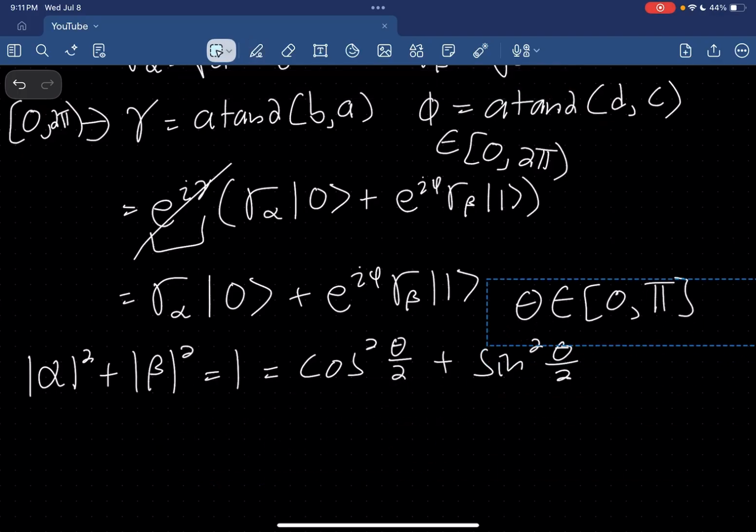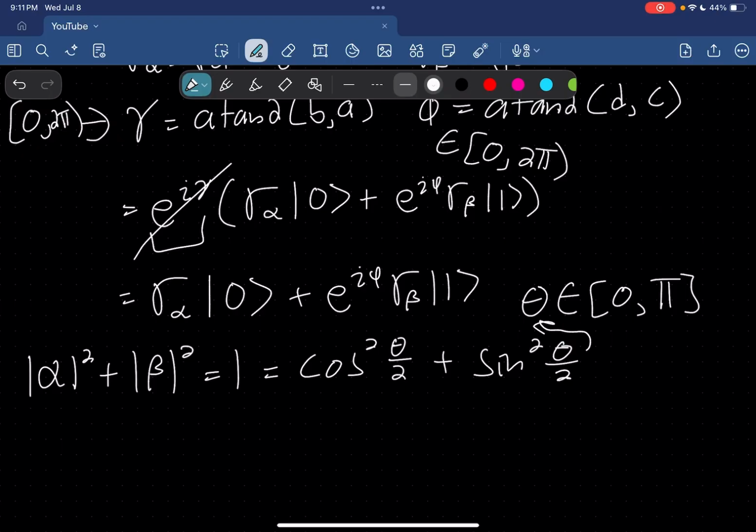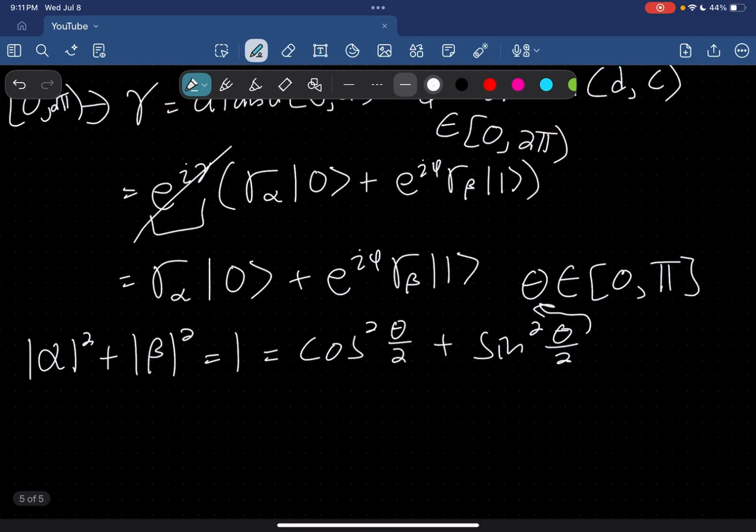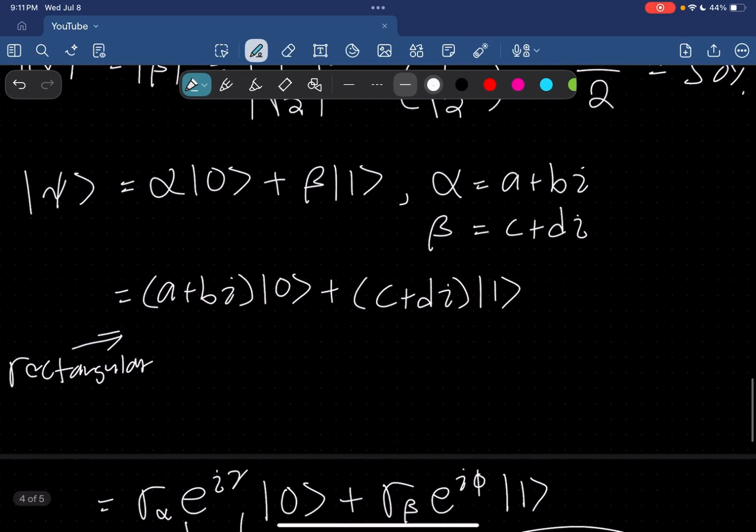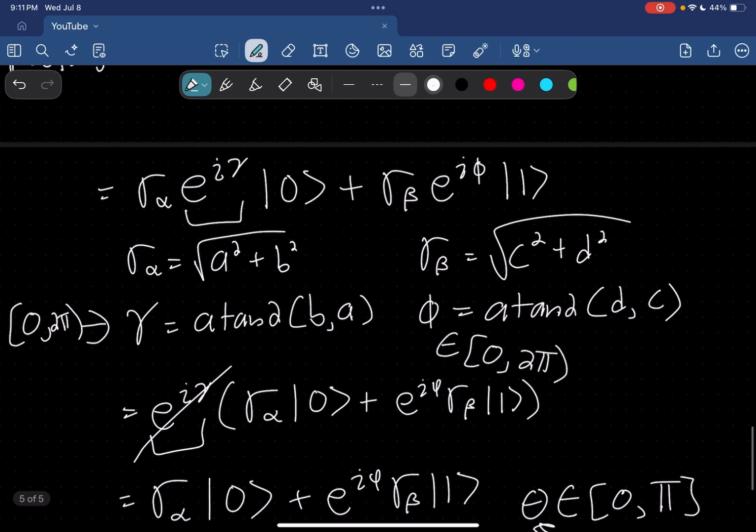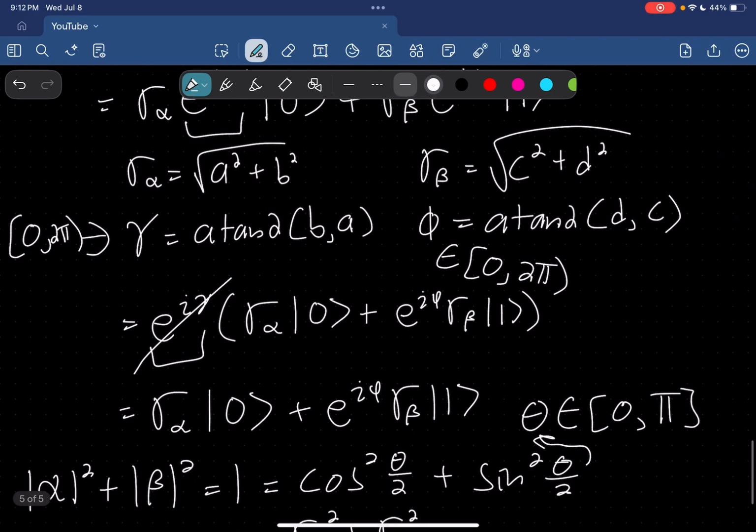Right, just move this over. And so what this means is that, this term is, well, what is this? This is the modulus of alpha, which is just r alpha. That's what we called it earlier, right? So r alpha squared plus r beta squared, because the modulus of alpha, we defined it as such. Right here.